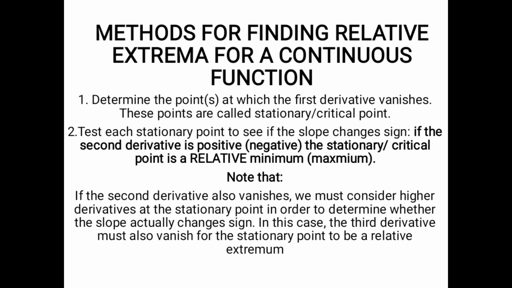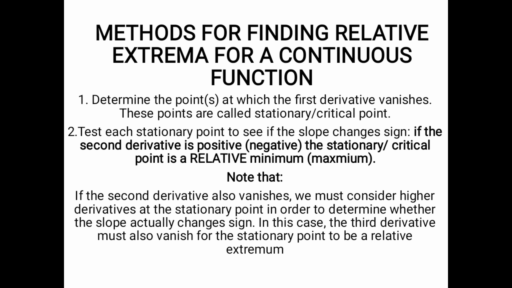That is, if the second derivative is positive, the stationary or critical point is a relative minimum. But if the second derivative is negative, the stationary or critical point is a relative maximum.